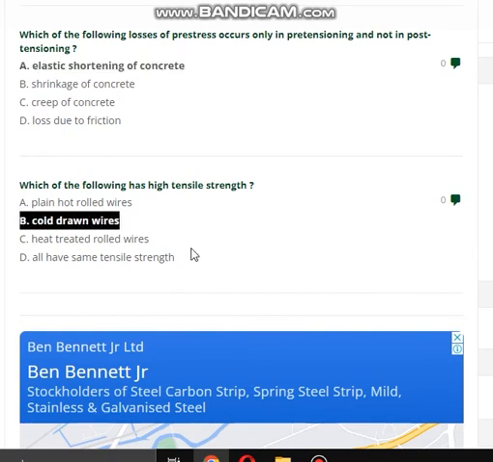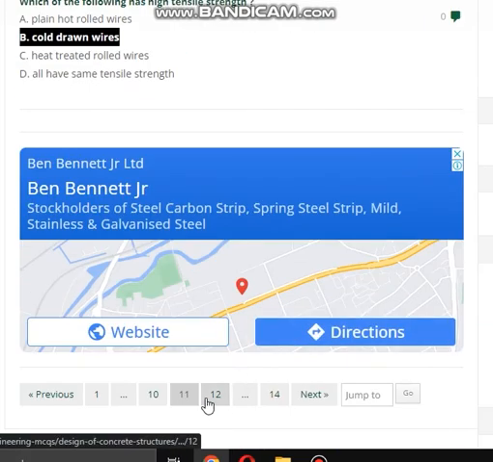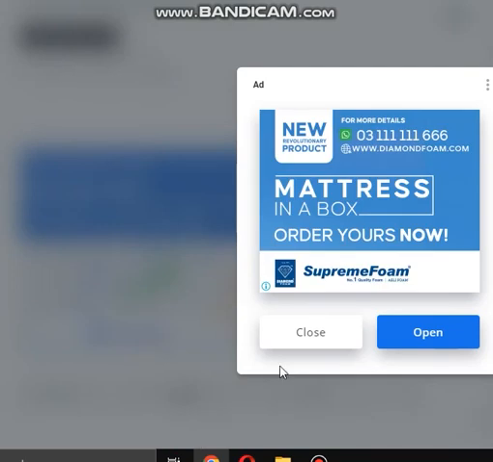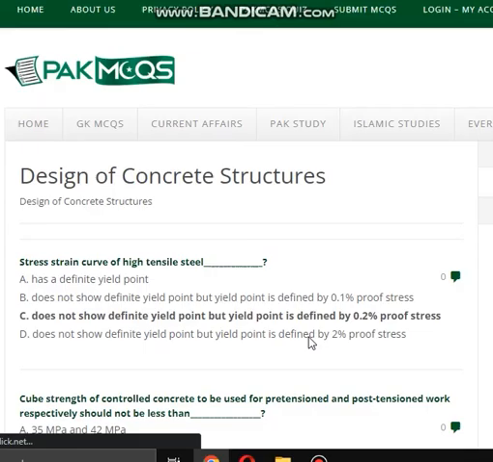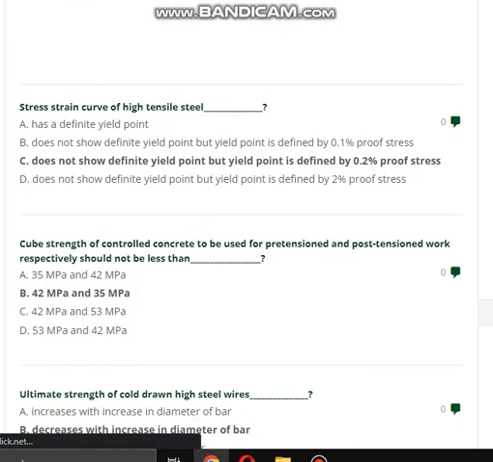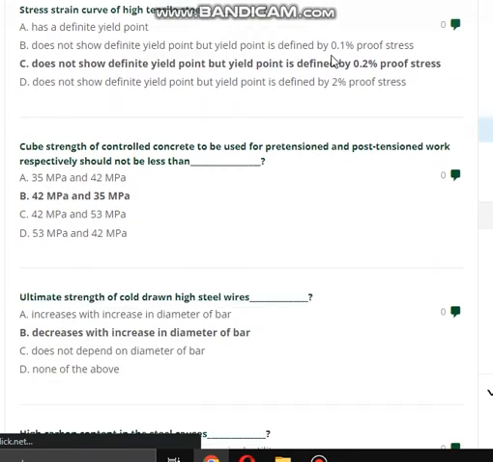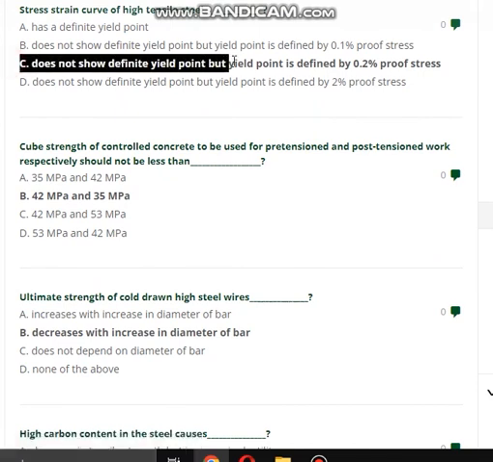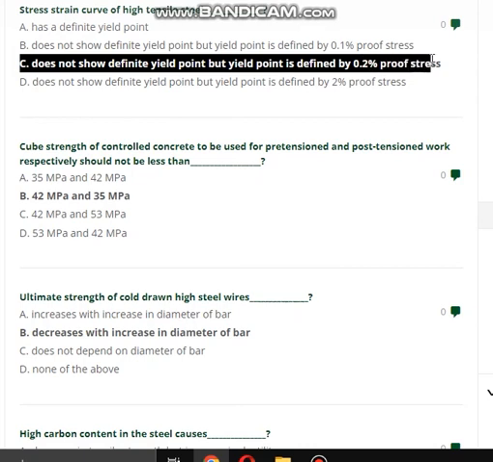Cold drawn wire has high tensile strength. Stress strain curve of high tensile steel does not show a defined yield point, but yield point is defined by 0.2% proof stress.